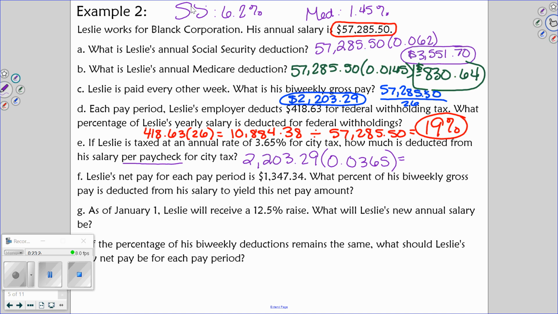But you see how we need to be careful what it's talking about, whether it's your annual salary or each pay period. It jumps back and forth between them. So city taxes, each pay period, $80.42. Cool. And then divided it by 26. Same idea. Yeah, there's more than one way that you can attack these.